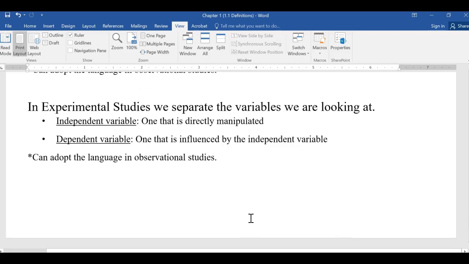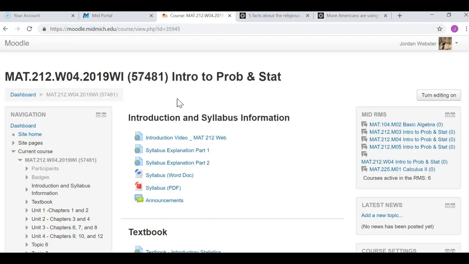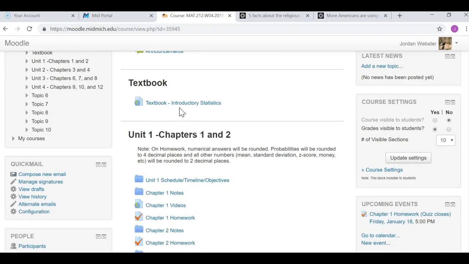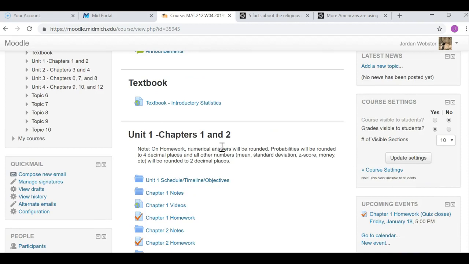At this point, you can start the homework. And I ask that you would do that. Just try the chapter 1 homework, do a few problems on there, see how it goes. Again, it's not due until Friday of the second week, but if you start on it now, you get a good idea.